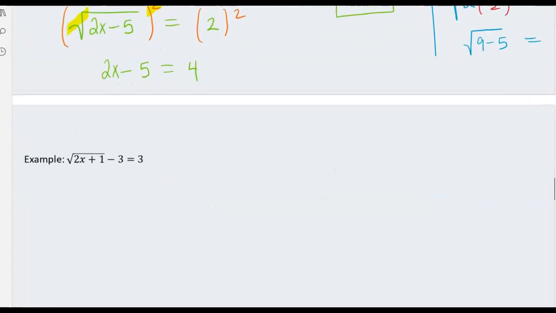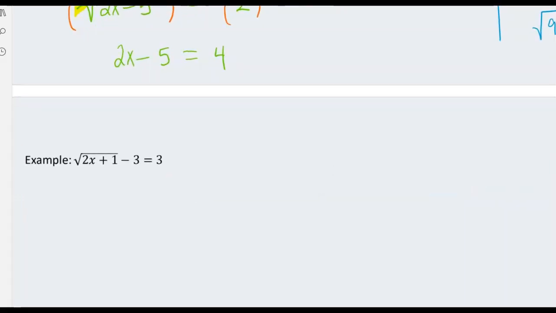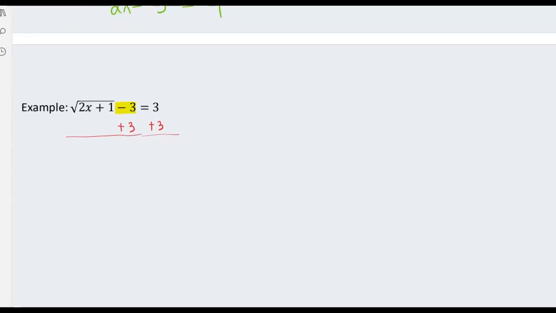Here's another example that's similar, but it has this extra component sitting here. Anytime that we're going to square both sides of an equation, we want to make sure, if we can, to move anything away from the square root symbol before we do that. So we'll start by adding 3 to both sides before we get started. So I'll have the square root of 2x plus 1 equals 6.